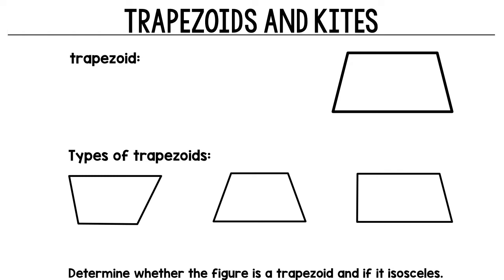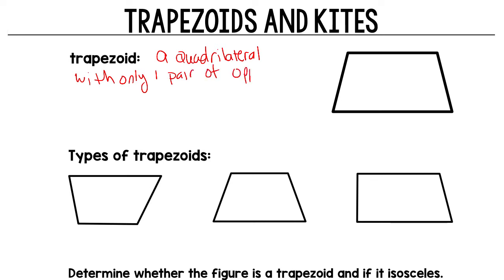Let's first of all say what a trapezoid is. A trapezoid is a quadrilateral with only one pair of opposite sides, which we're going to call bases, parallel.